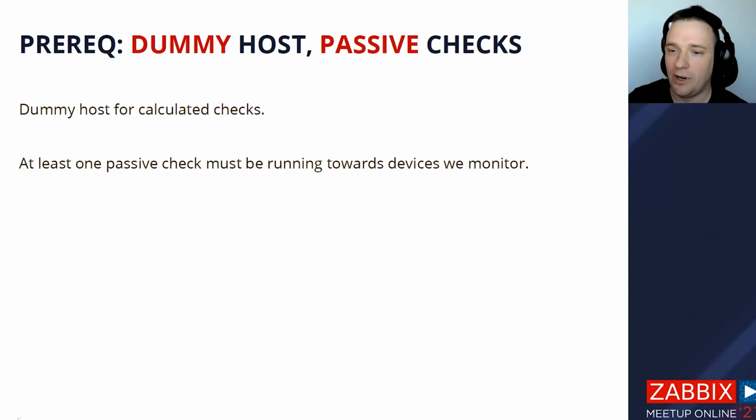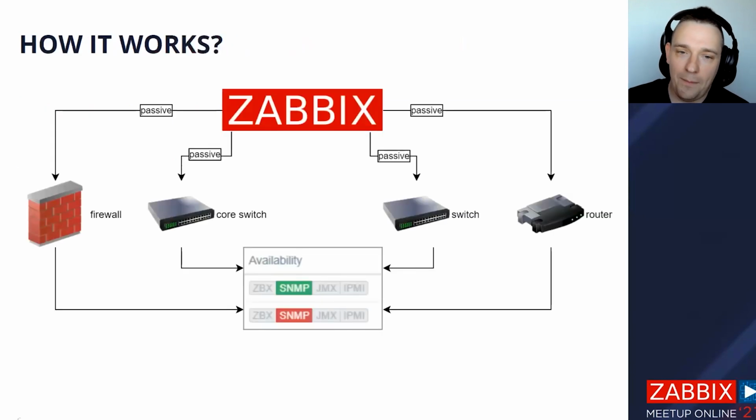Let me elaborate on what I mean by passive check. When a passive check is executed, we reach out to a device. And as a result, if the passive check succeeds, it will generate these availability icons. If it succeeds, then a green icon comes. If it fails, if the device is down, it will print this red SNMP type of icon.